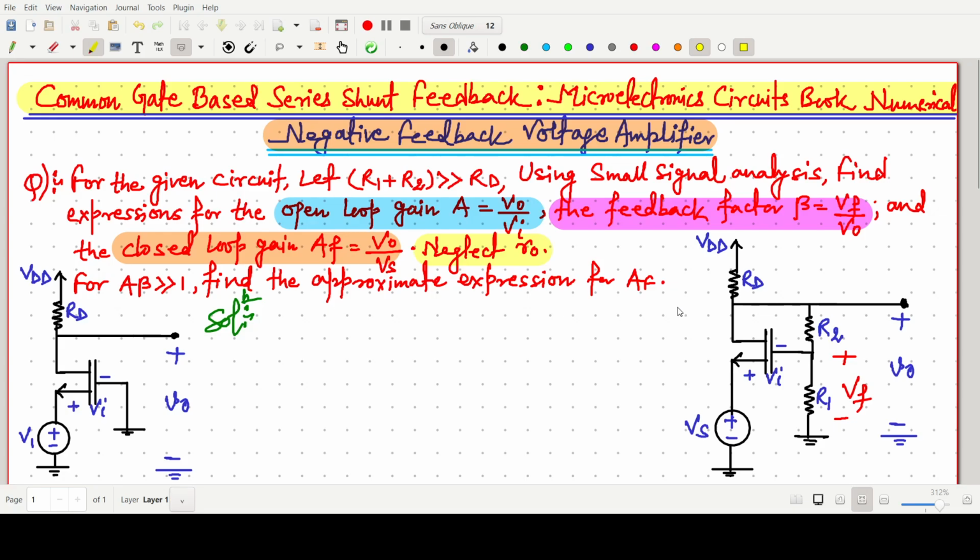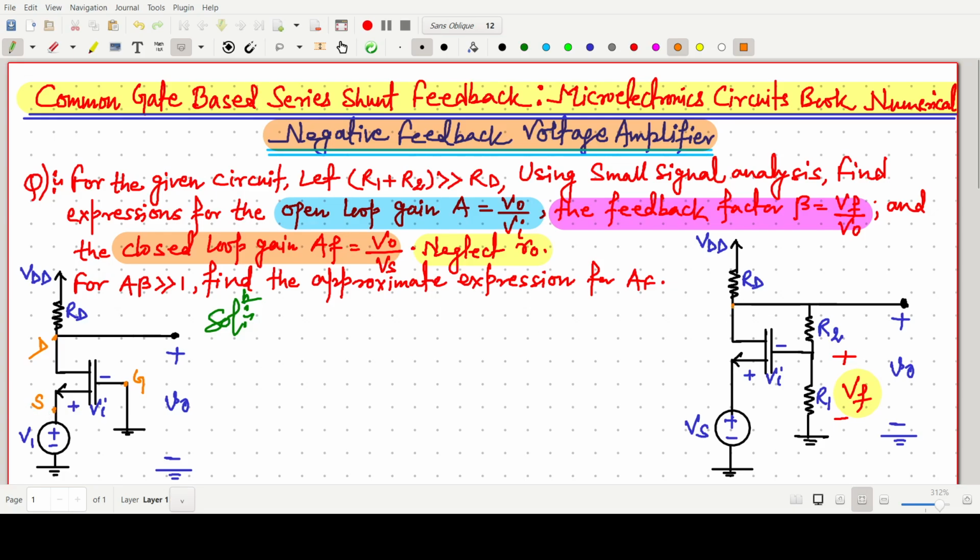So the very first thing, this circuit is given. The voltage across R1 is our Vf, and the voltage across this one is V0, Vs, Vi. First of all we have to find the open loop gain. For that purpose I have made the modified circuit in which this one is our gate in, this one is our drain, and this we can say is the source in.